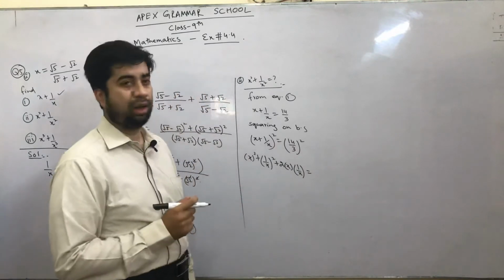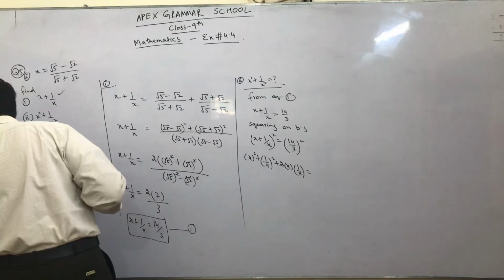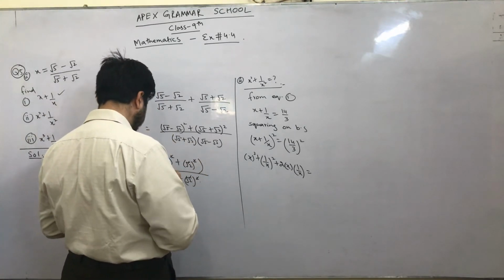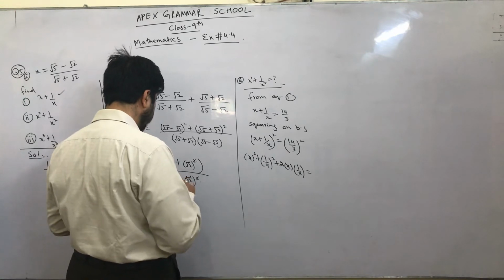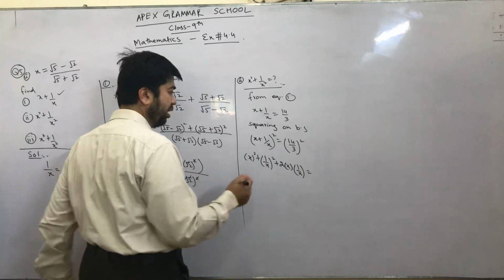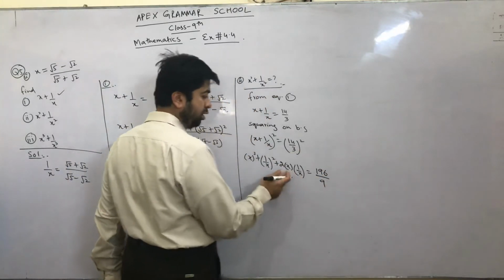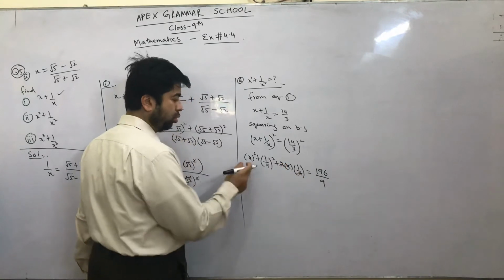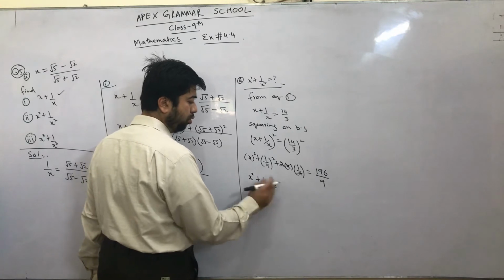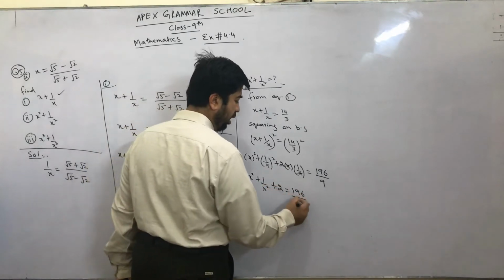What is 14 square? 14 square is, you just have to calculate it. 14 square in your calculator, 196, divided by 3 square, that is 9. You see that x is going to cancel with this x. So this becomes x square plus 1 over x square plus 2 is equal to 196 over 9.